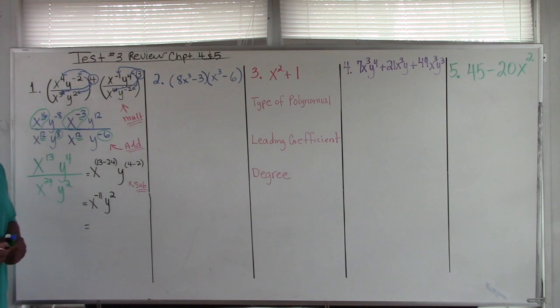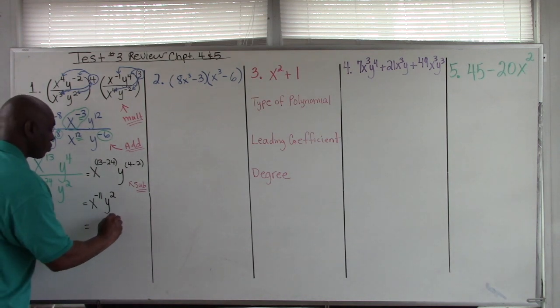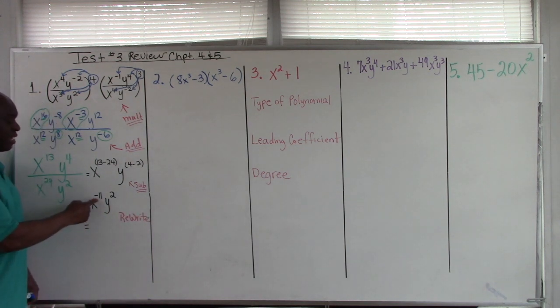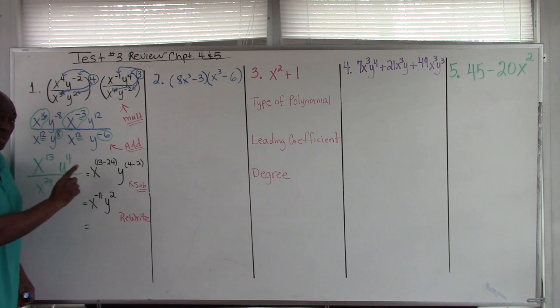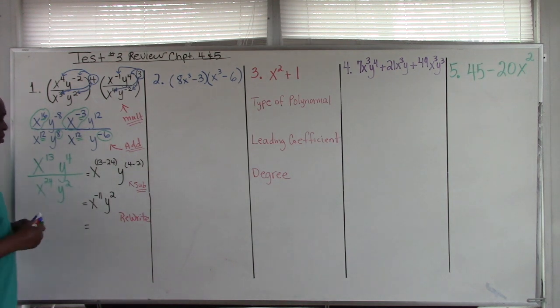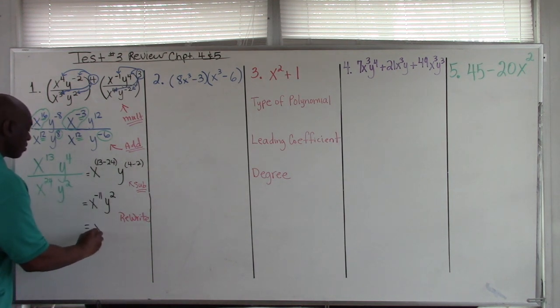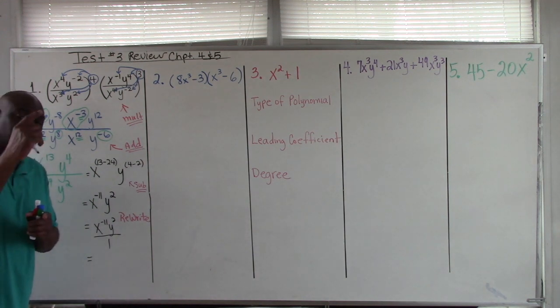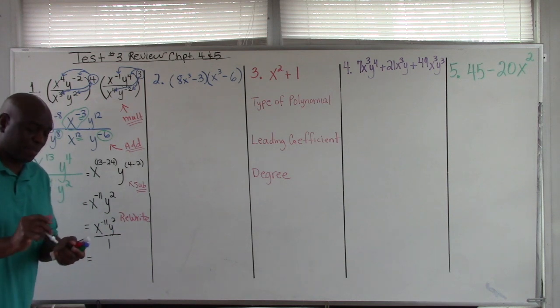So the last thing you have to do in this case is rewrite it. Why? Because you can't have a negative exponent. No negative exponents. So this right here is x to the negative 11 y squared. And remember now, everything is all over 1, right? So now you take what's negative in the numerator and bring it down to the denominator.